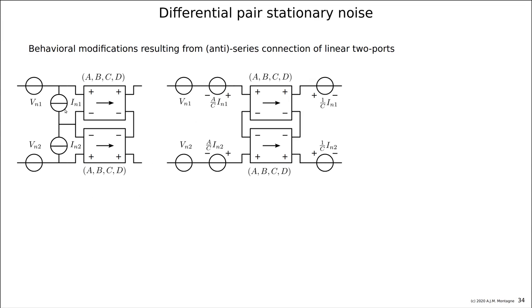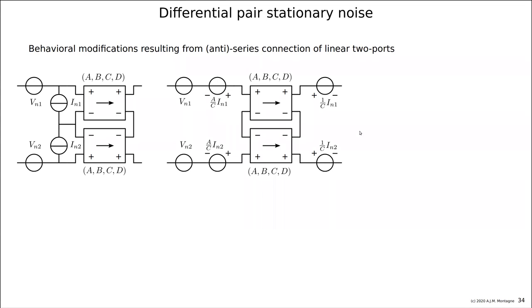This example is done in the book. There you will find the derivation of all these sources. So we can replace IN1 with two correlated voltage sources, one at the input and one at the output. At the input, we can add all the voltage sources or the spectra if they are uncorrelated.